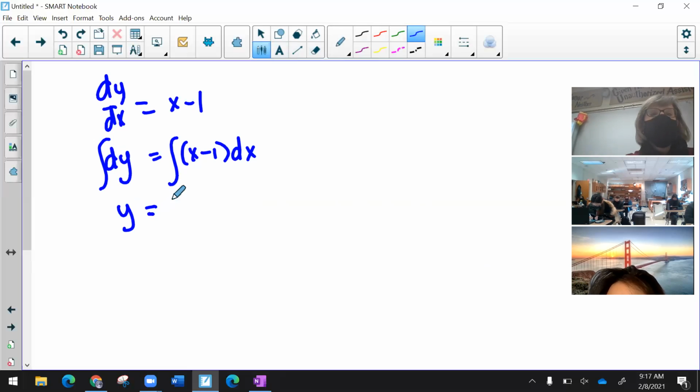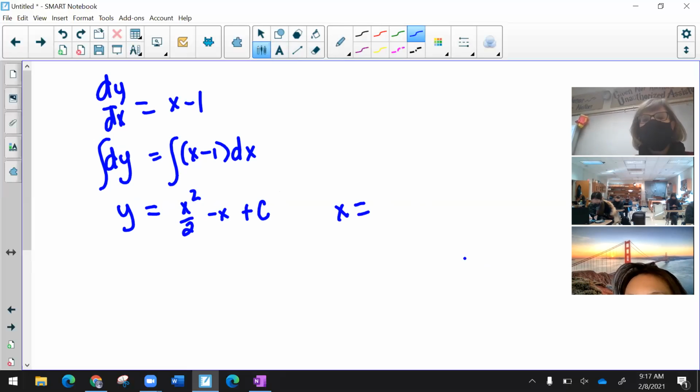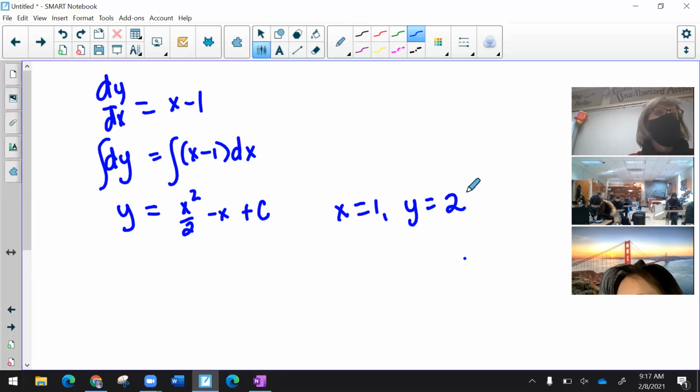So that's going to give me y is equal to x squared over 2 minus x plus c. And I know that when x is equal to 1, y is equal to 2.